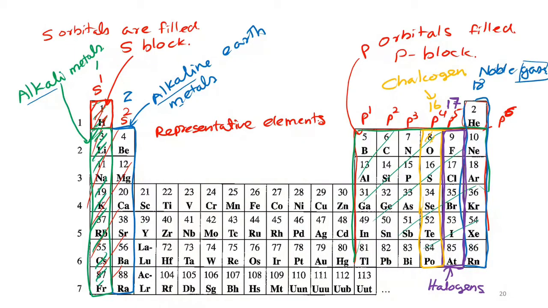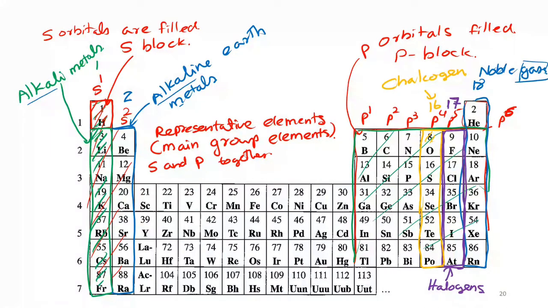This is the S and P block together, collectively called the representative elements or the main group elements.